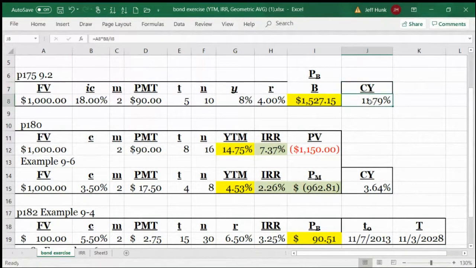Now, if it was a regular bond, what's it going to be?